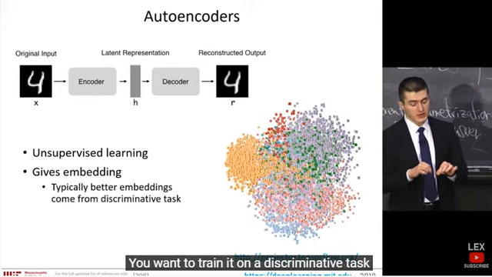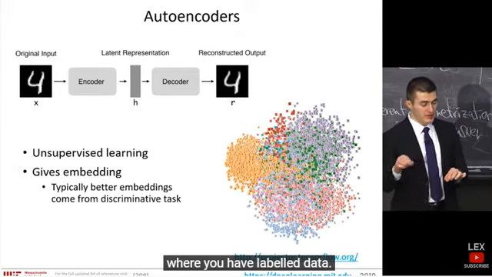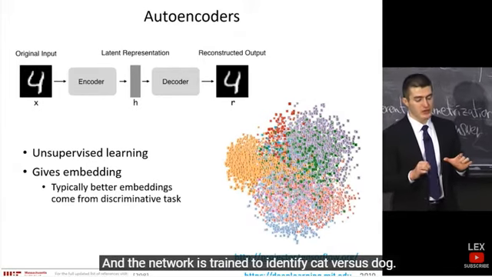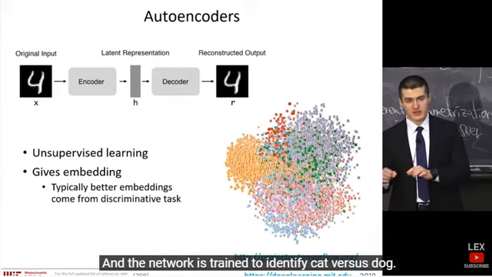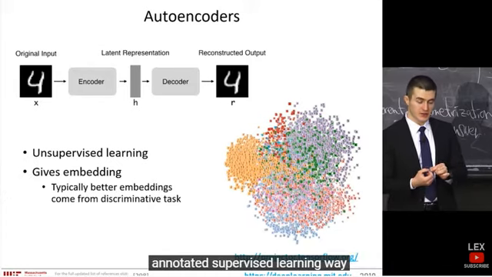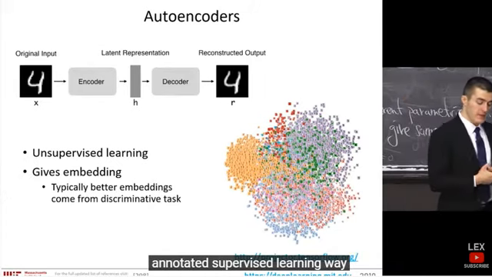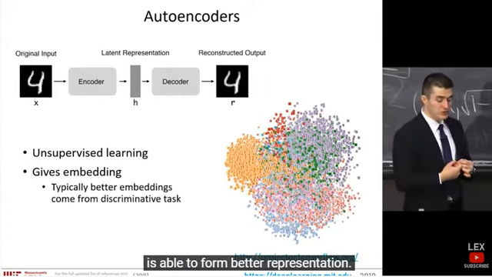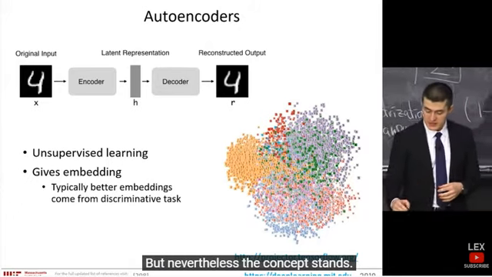You want to train it on a discriminative task where you have labeled data and the network is trained to identify cat versus dog. A network that's trained in a discriminative, annotated, supervised learning way is able to form a better representation. But nevertheless, the concept stands.